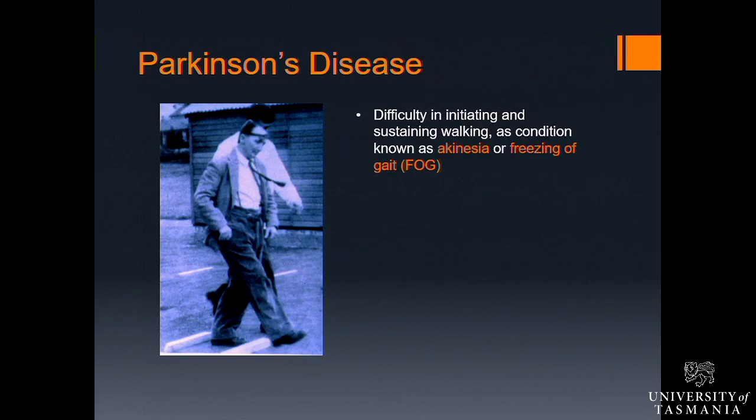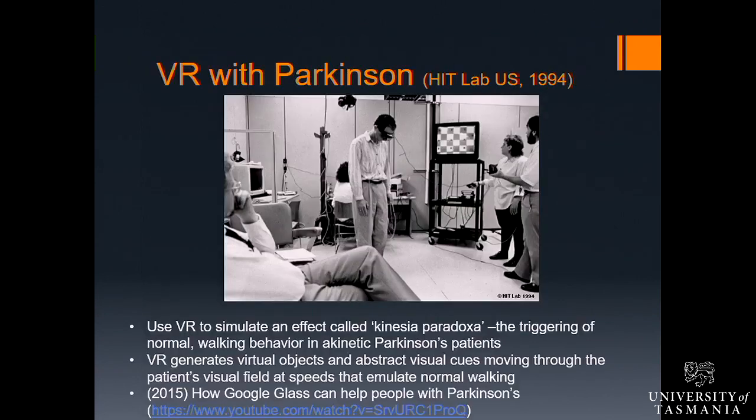So they were trying to tackle this in the HIT lab. They tackled this by projecting a VR set to a Parkinson's disease patient. What they were trying to show here is that little screen, a clone of what he sees, which is a chessboard, essentially a chessboard, and that's all it is.